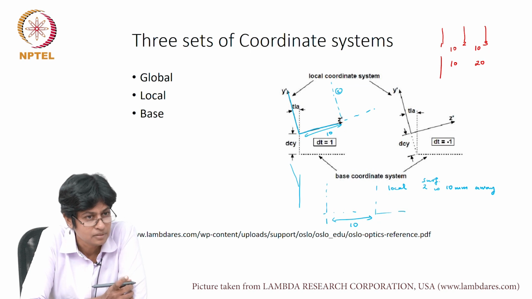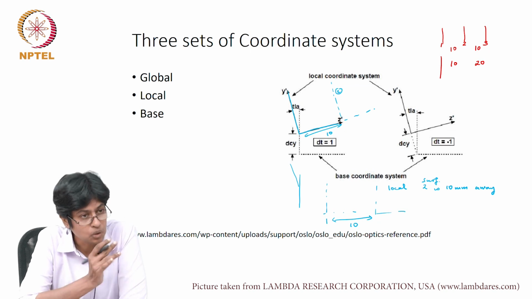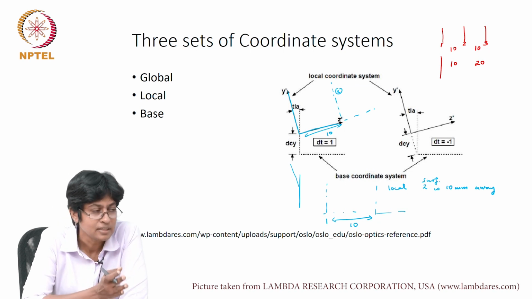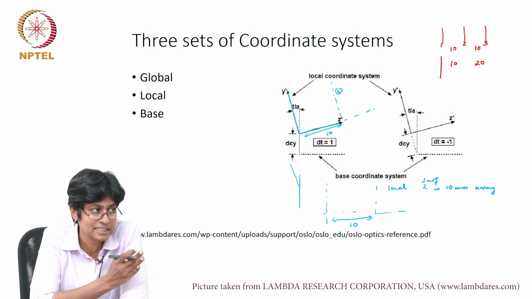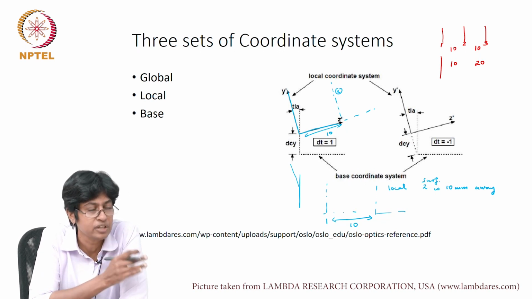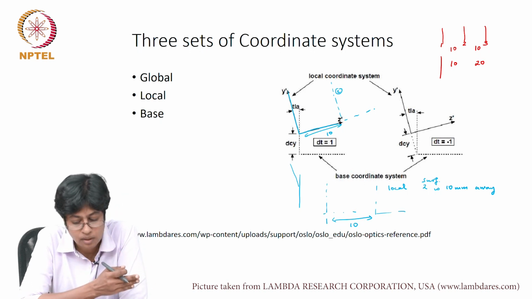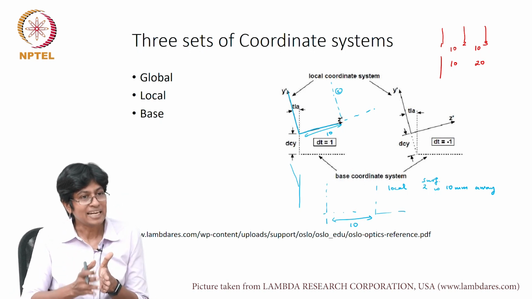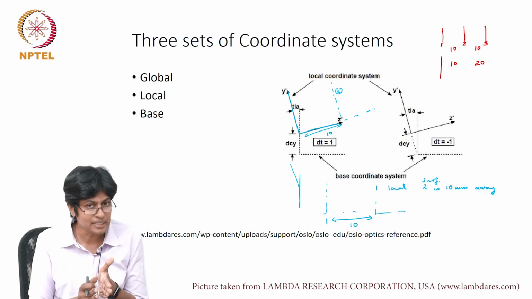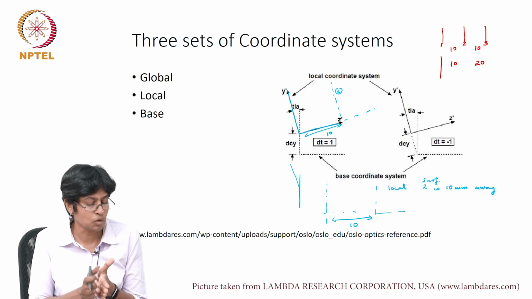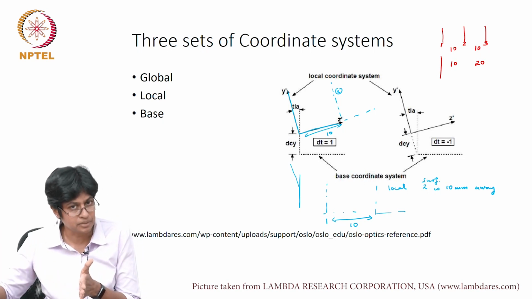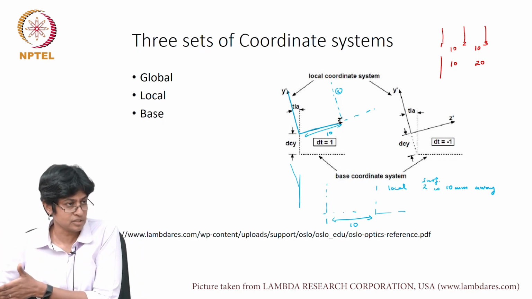Is that clear? So I have the global, that's fairly easy. Some surface gets designated as the reference, every measurement is made from there. Or I have the local, so I have a surface and its untilted, undecentered coordinate system is the coordinate system I make my measurement from for the next surface.